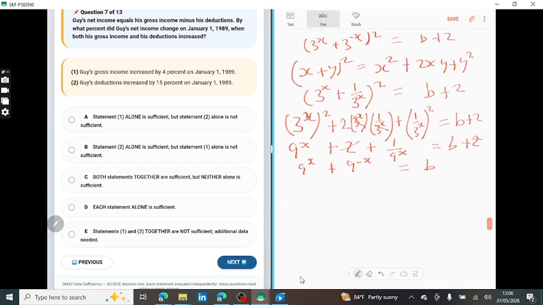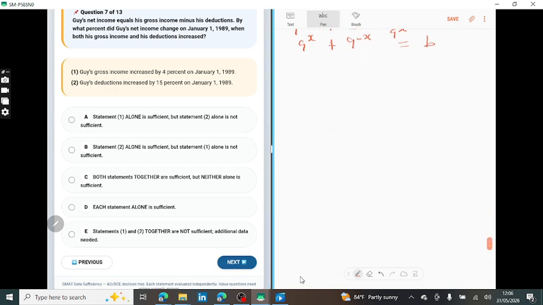Guys, net income. Assuming this was a company, net income equals revenue minus expenses.